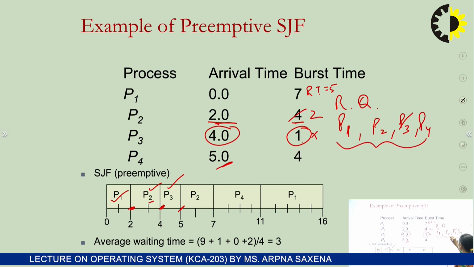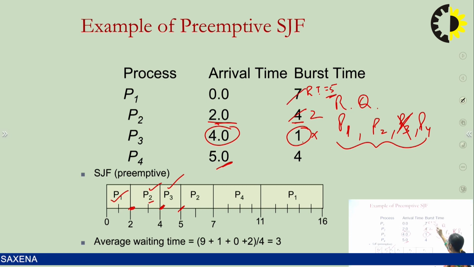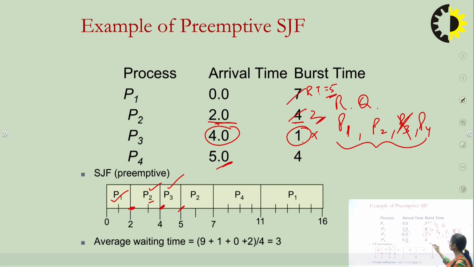There is P1, P2, P3 is not there, and P4 is there. We need to make a decision. P1's remaining time is 5, P2's requirement is 2, P4's requirement is 4. Which is minimum? P2's requirement is minimum. So, P2 will get a chance.